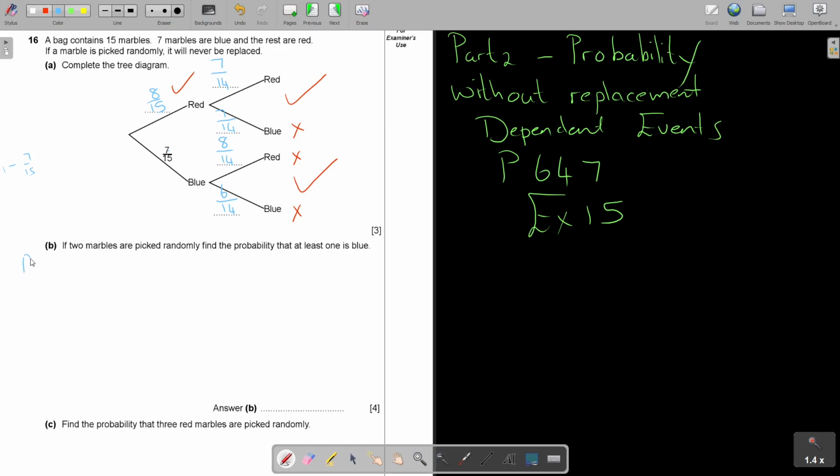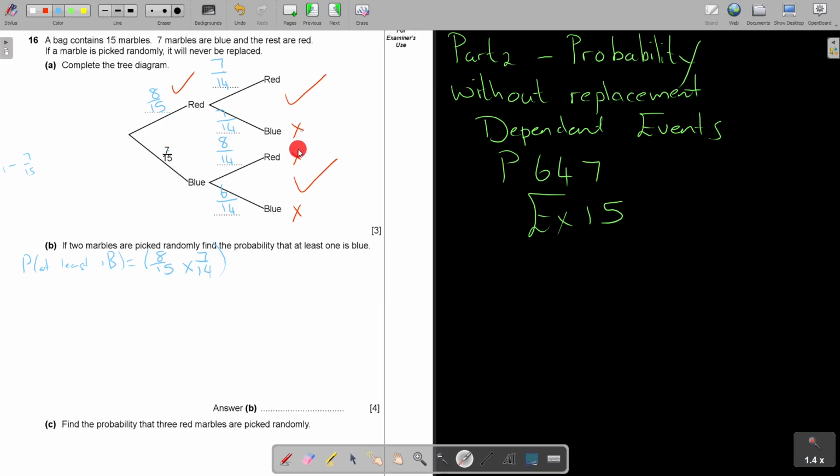So the probability at least one blue. Okay, so it's going to be this one. So remember, in a tree we multiply. So it's going to be 8 over 15 multiply 7 over 14. Did you see what I did? Can I show you here? It's this one.